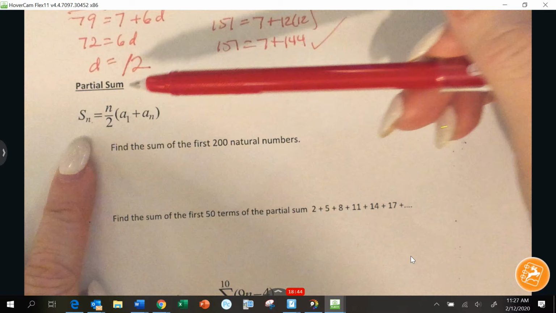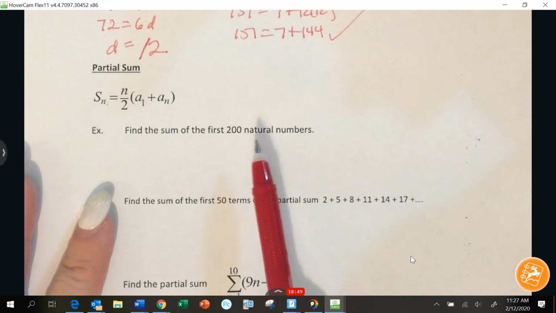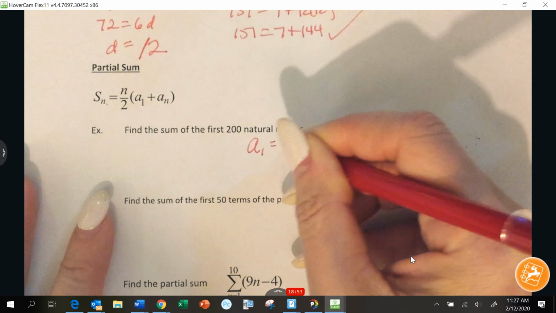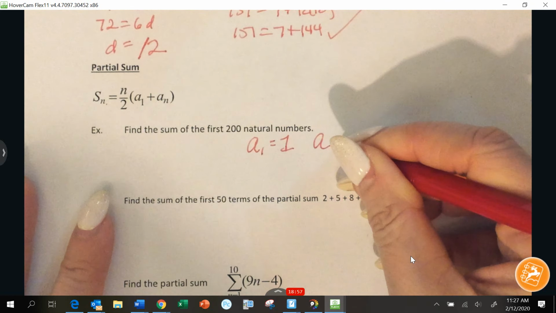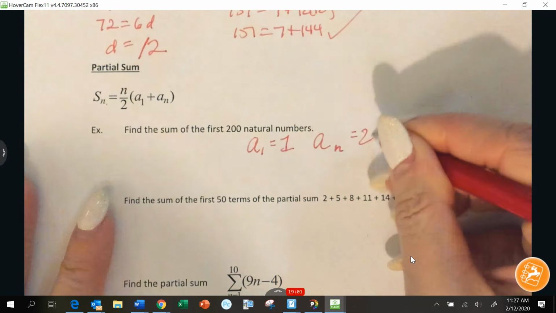So if we're trying to find the sum, what is the first number? 1. What is the nth? 200. How many terms are there? So n is 200. That won't always be the same. We won't always have the number of terms and the last term being the same thing.